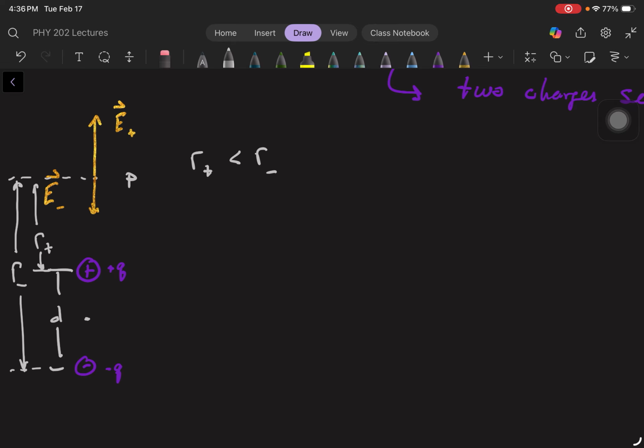And so in the equation E is equal to K Q over R squared, we can see right off the bat that E plus is going to be greater than E minus, just because R plus is less than R minus.